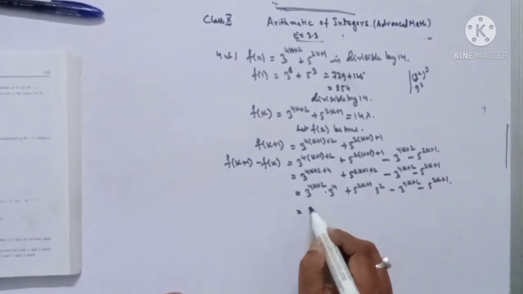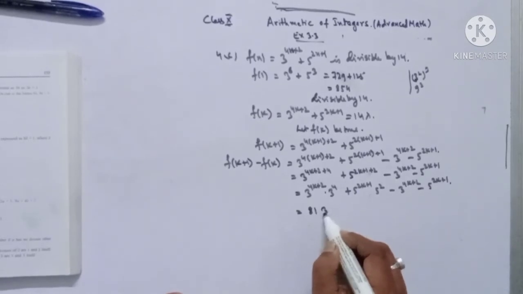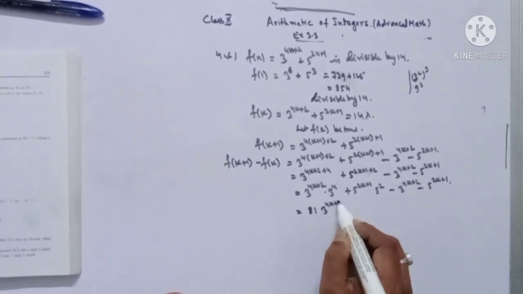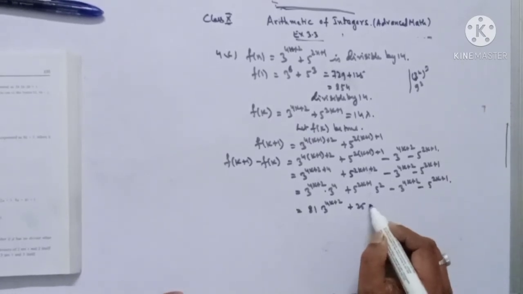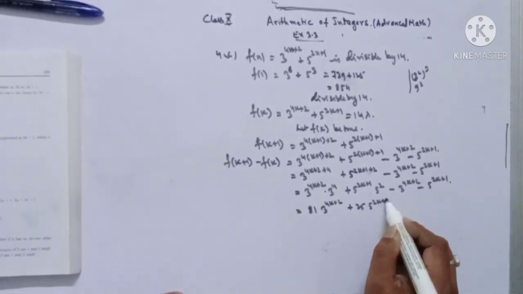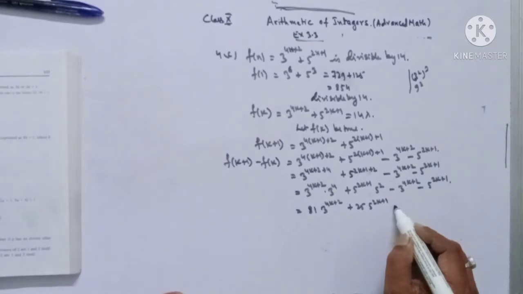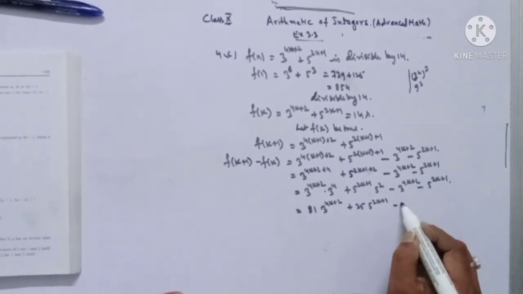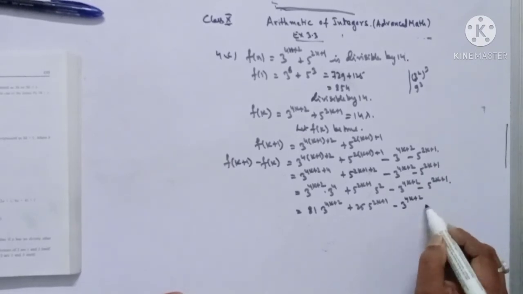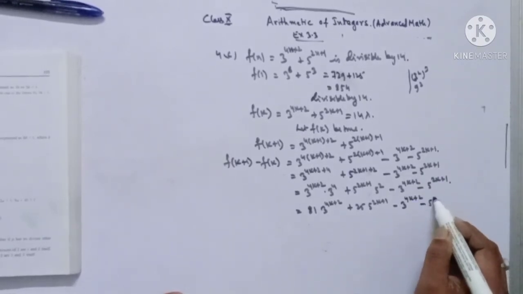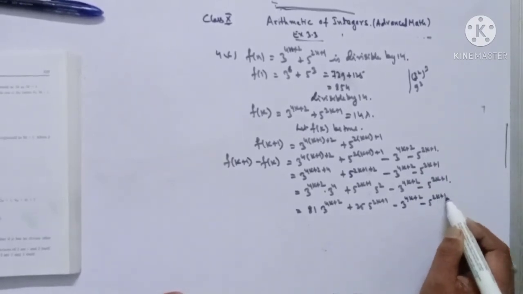This will be 81 into 3 to the power of 4k plus 2, plus 25 into 5 to the power of 2k plus 1, minus 3 to the power of 4k plus 2 minus 5 to the power of 2k plus 1.